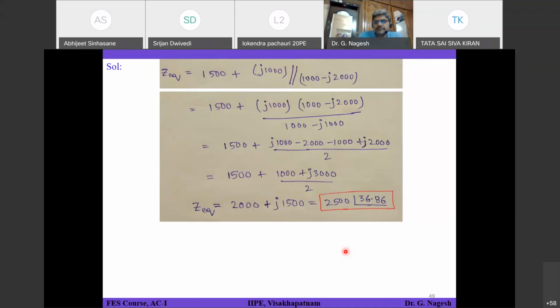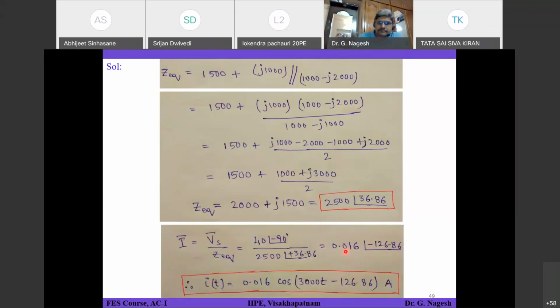Sorry, sir, minus 0.01 minus 0.012 j. Okay, let's see that. It's pretty simple. 40 at an angle of minus 90 is there, 2500 at an angle of plus 36 is there.